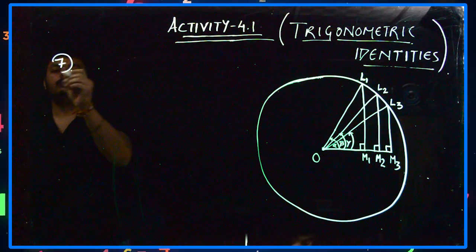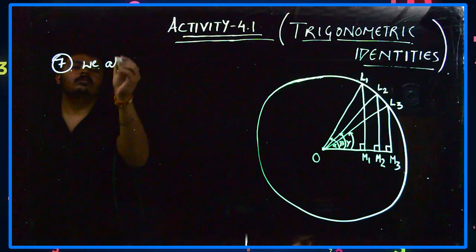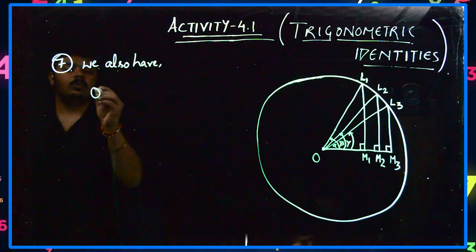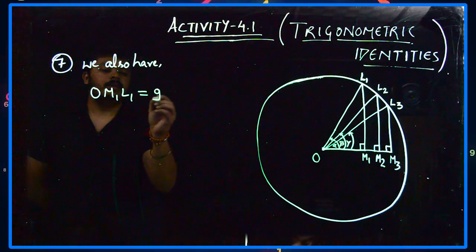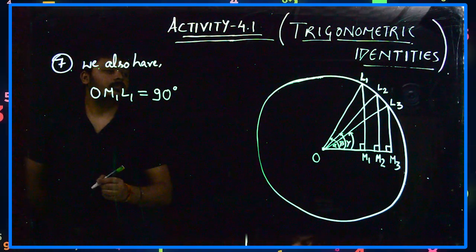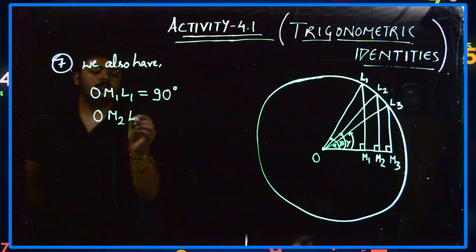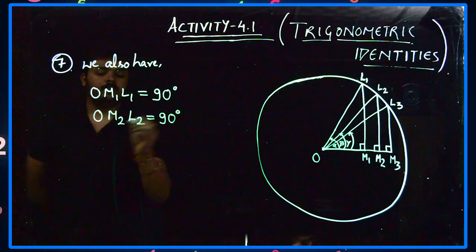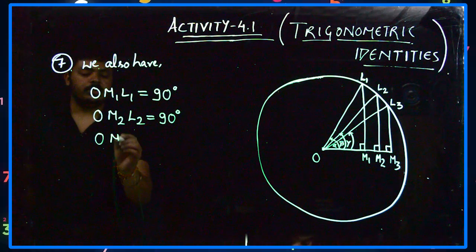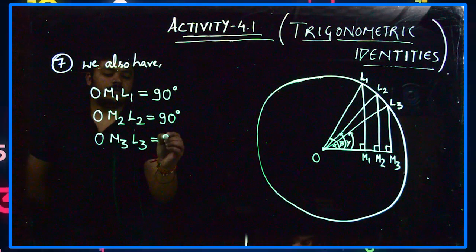Step 7: We also have angle O M1 L1 equals 90 degrees, angle O M2 L2 equals 90 degrees, and angle O M3 L3 equals 90 degrees.